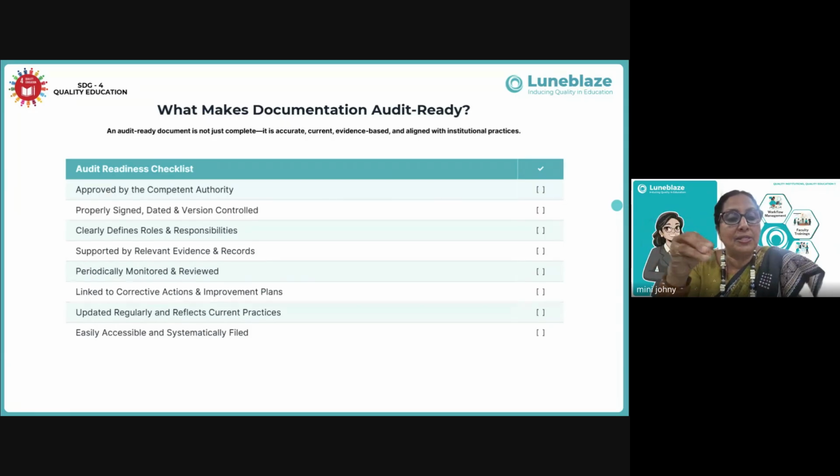Audit readiness checklist: approved by the competent authority, properly signed, dated, and version controlled, clearly defines roles and responsibilities, supported by relevant evidence and records, periodically monitored and reviewed, linked to corrective actions and improvement plans, updated regularly and reflects current practices, easily accessible and systematically filed.